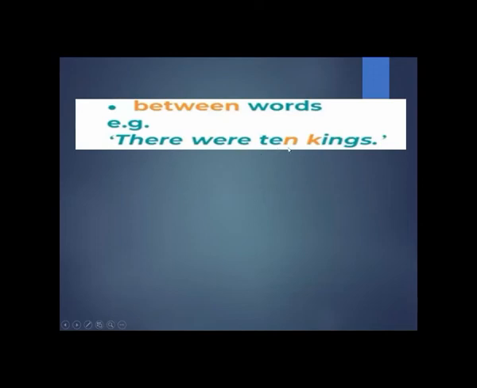Okay, next. There were ten kings. So where is the assimilation here? Between what? Yeah, n and k.